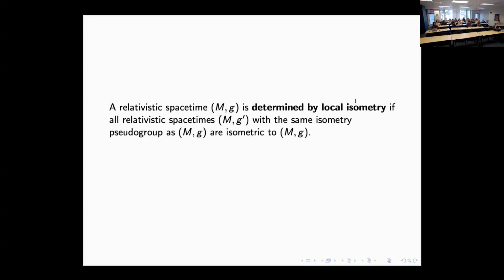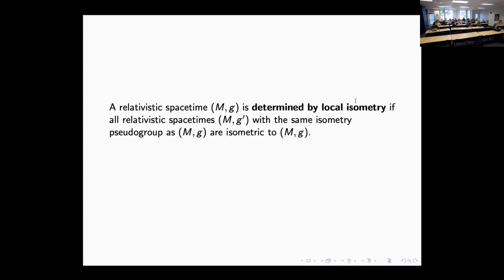Okay, so let me unravel this just a bit. Suppose we're dealing with some spacetime that's determined by local isometry. What this means is the following. It means that if I know the collection of symmetries of the spacetime in this precise sense, if I know its isometry pseudogroup, I can tell you what the spacetime was up to isometry.